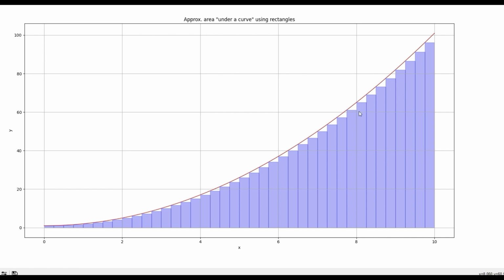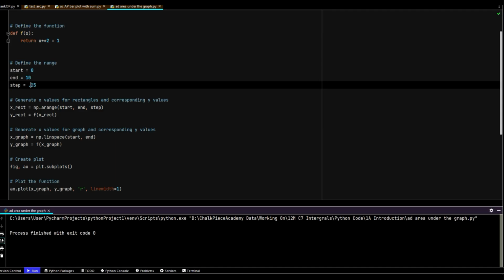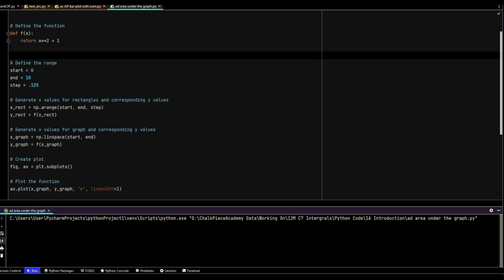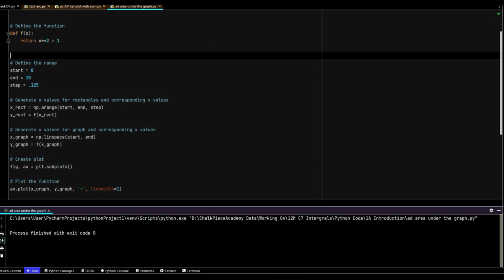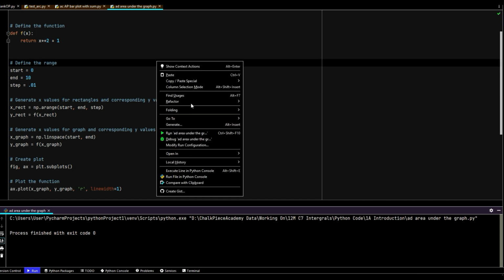As and when I decrease the width, what is happening? Yes. Further, I can do this actually. Let me divide this further by 2. So you can see that we are getting better and better answers. So let me do 0.01.